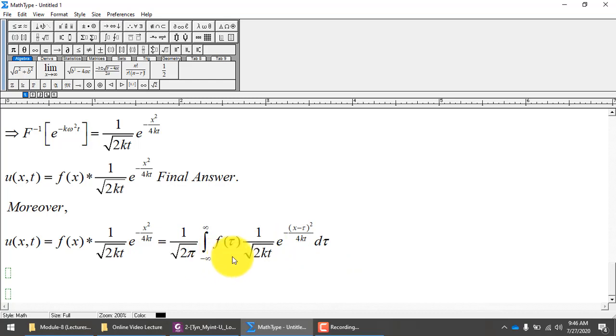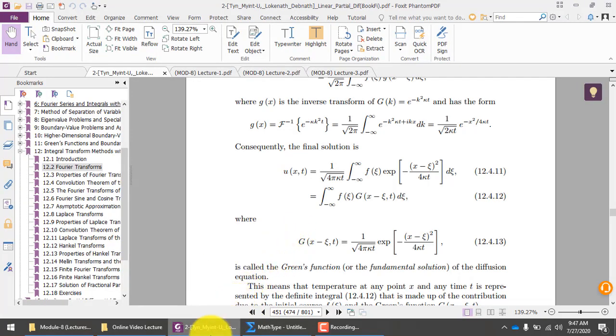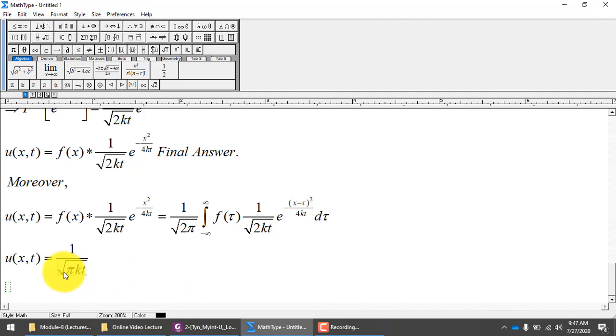Now, rearranging the coefficients and these scalars, what you will get is u of x, t equal to 1 over square root 2 will become 2, and you will have the square root of pi k t. Or they have written 4 pi k t, no problem, you can also write that.